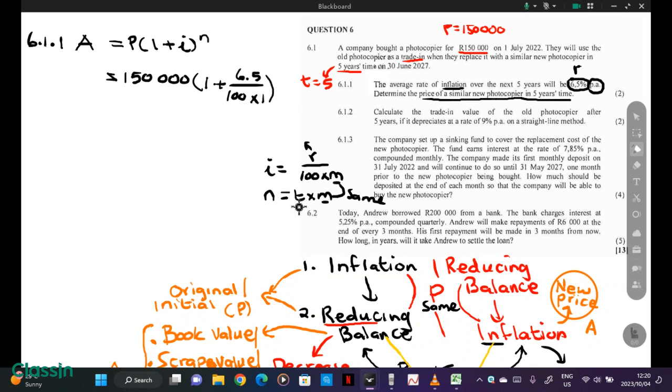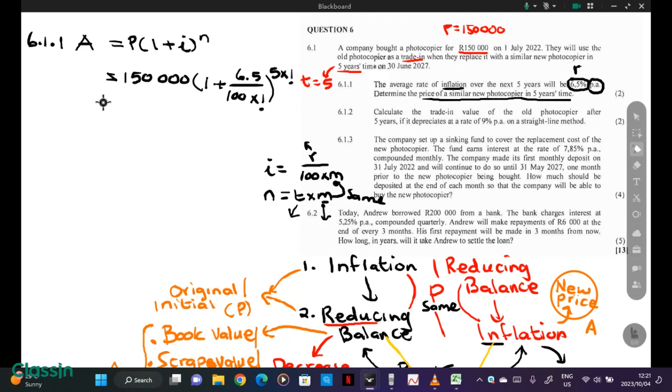But here is the number of years multiplied by the compoundment, the frequency in which the interest is charged per year. So here we've got 5 years multiplied by 1. Hence I said the value of M there must be the same as the value of M there.